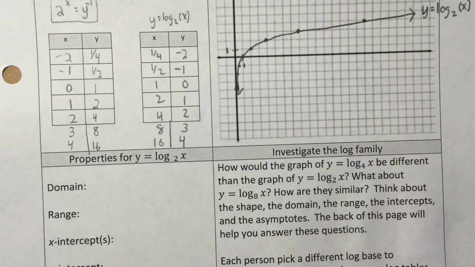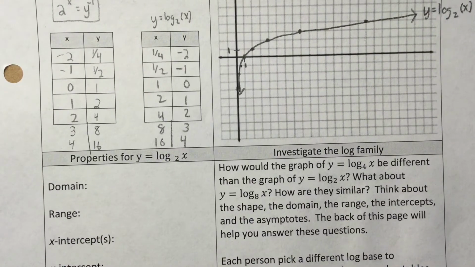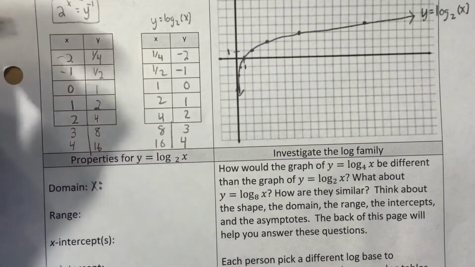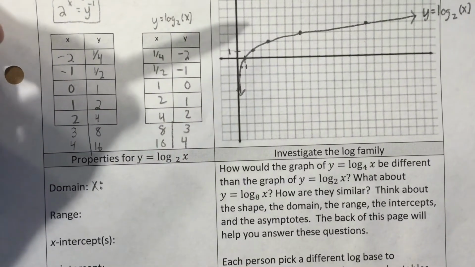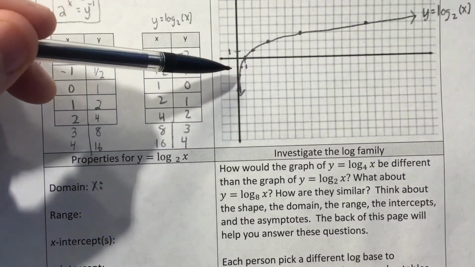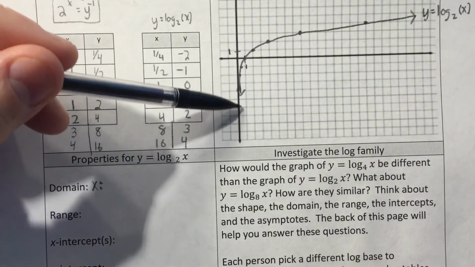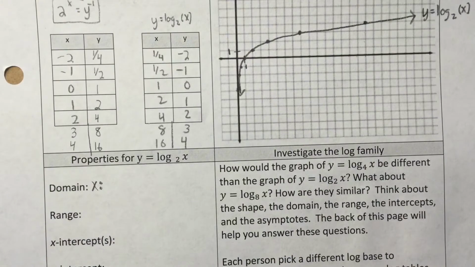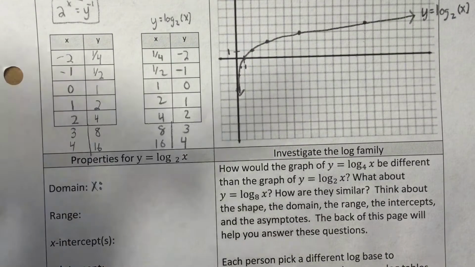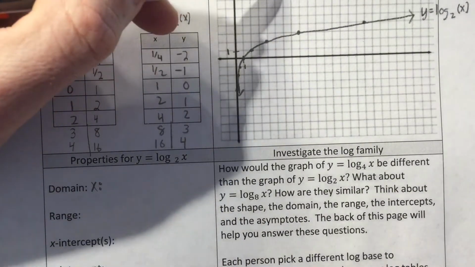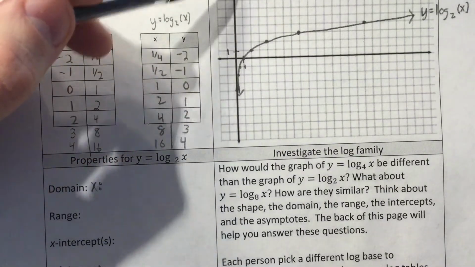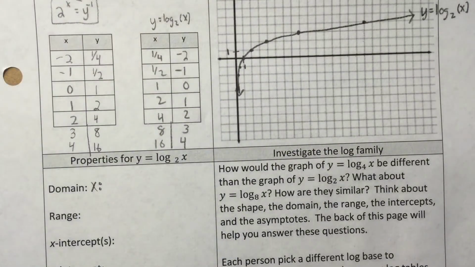As we look at our domain and range now, our domain is a little tricky because we don't go left forever. There is an asymptote here. It's never going to touch an x value of 0. Kind of like there's an asymptote on the x-axis for exponentials, there will be an asymptote on the y-axis for logs because they're inverses.